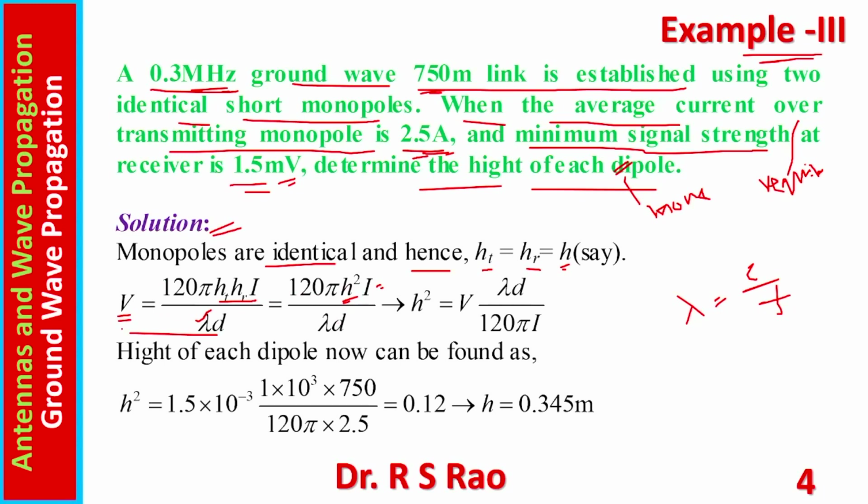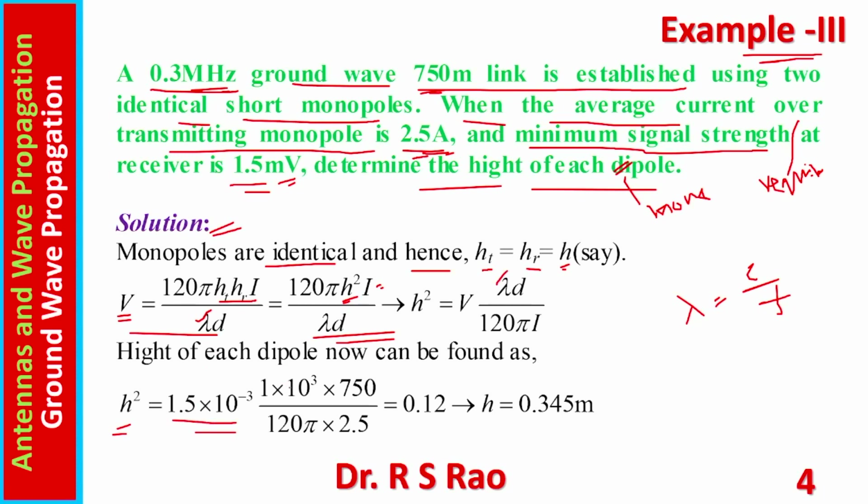This is the relation when we implemented the general relation to the specific case of identical height antennas. From this relation, H square can be found equal to V into lambda D by 120 pi I. It gives H square equal to V, V is 1.5 millivolts.